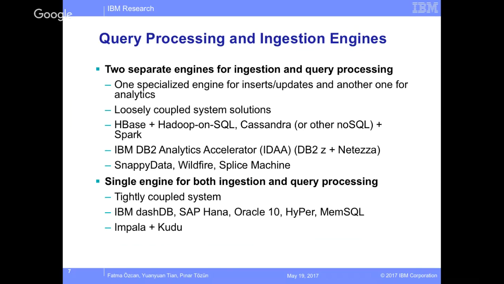So Kudu is sort of a new storage solution that tries to bridge the gap between the two, that allows both inserts as well as columnar storage and fast scans. So that's basically one system that we are not going to go into much detail. But it is a single solution in the big data space.